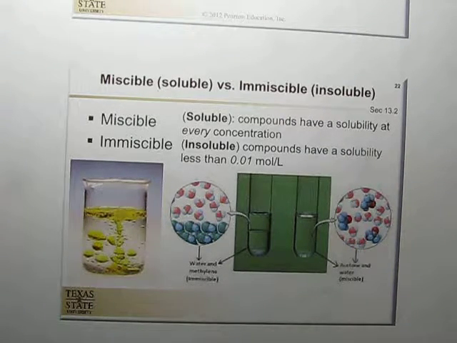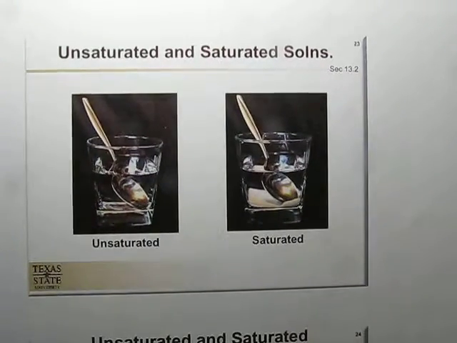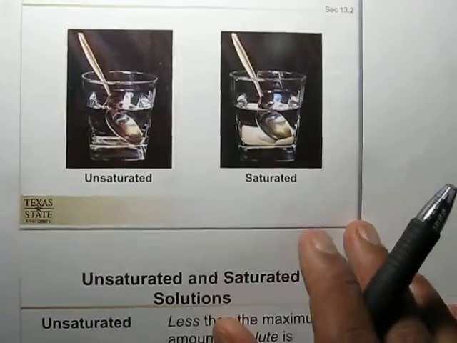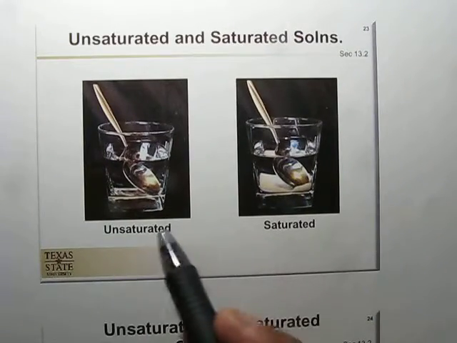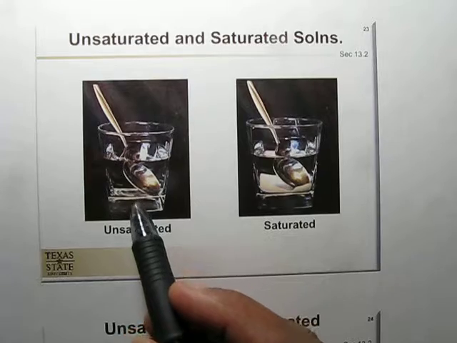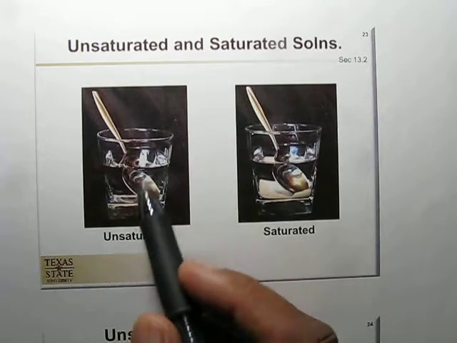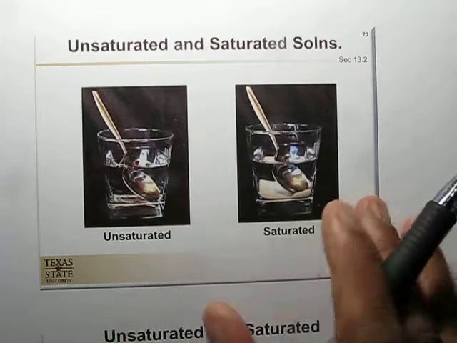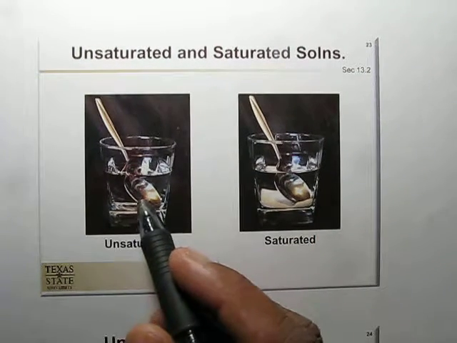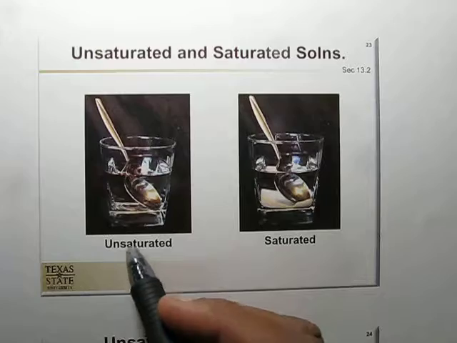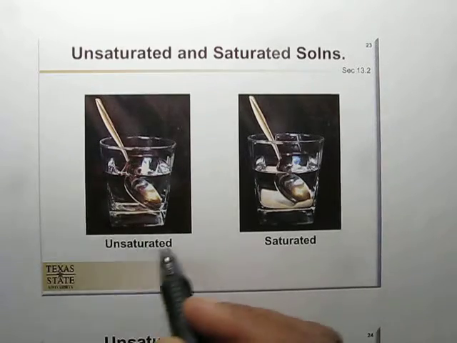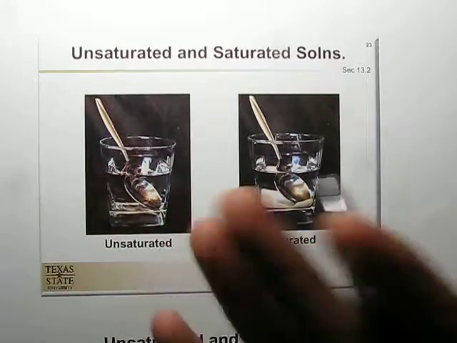The next property of the type of solution is called saturated and unsaturated solution. What is the meaning of these words? Suppose you add 1 teaspoon of sugar into half a glass of water, and it dissolves, and you can add a further teaspoon and it dissolves, then the solution is unsaturated, meaning it can dissolve more and more.